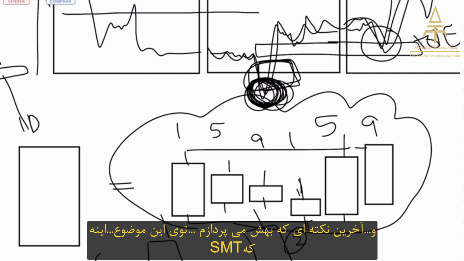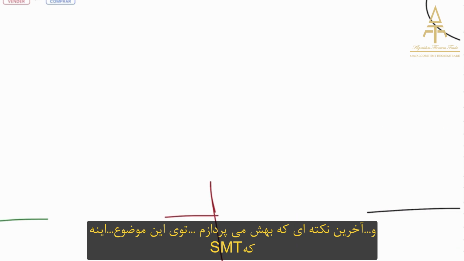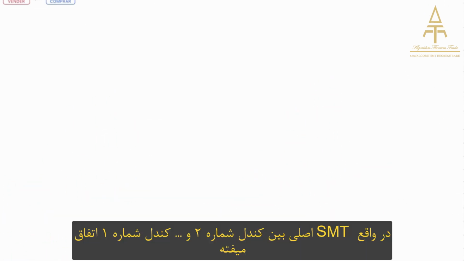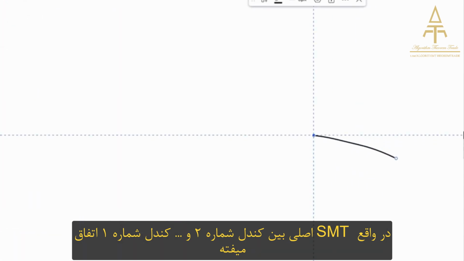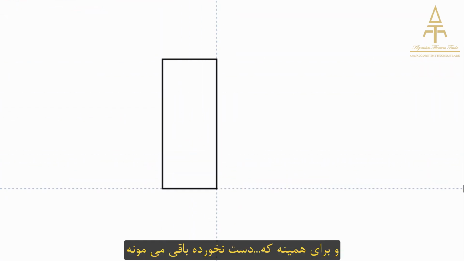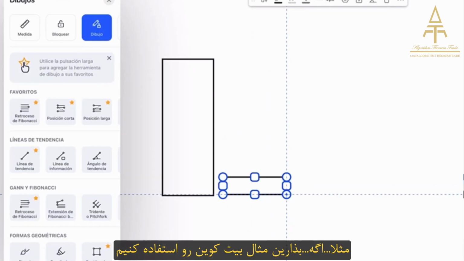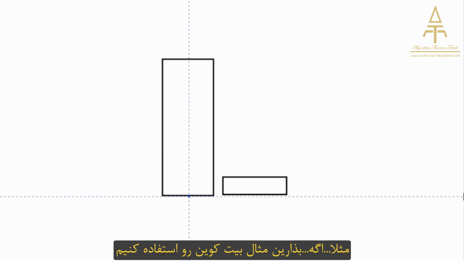And one last touch in this topic is that the main SMT is going to happen between candle 2 and candle 1. Right? And this is the reason why it's going to be left untapped. For example, let's use Bitcoin as an example.